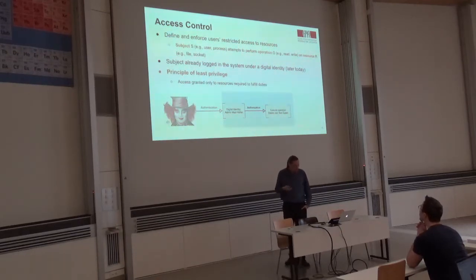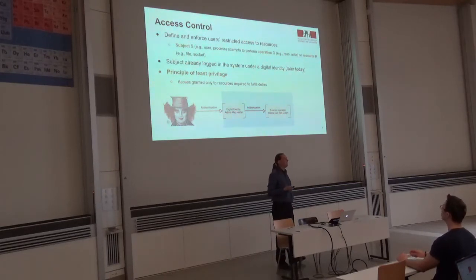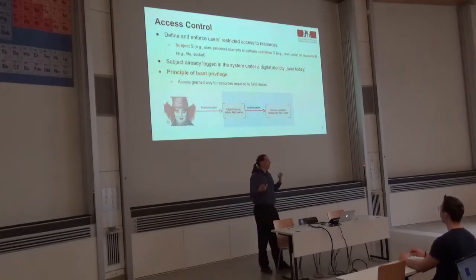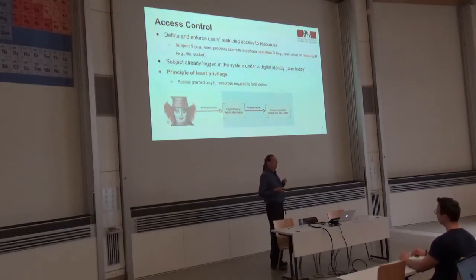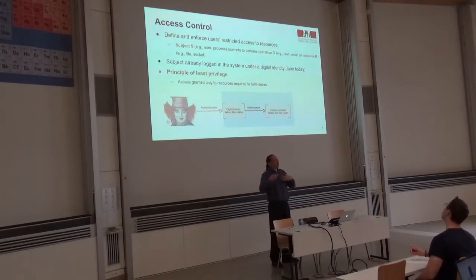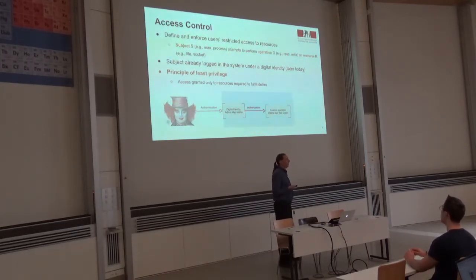Access control is a very diverse topic and has a long history. There's a lot of research literature on access control, developing the theory of access control, and generally the objective is to define some kind of matrix, basically a binary matrix, in which the rows are subjects, users, processes, some entity that needs to access objects, and the columns represent the objects, the things that users or subjects might need to access.